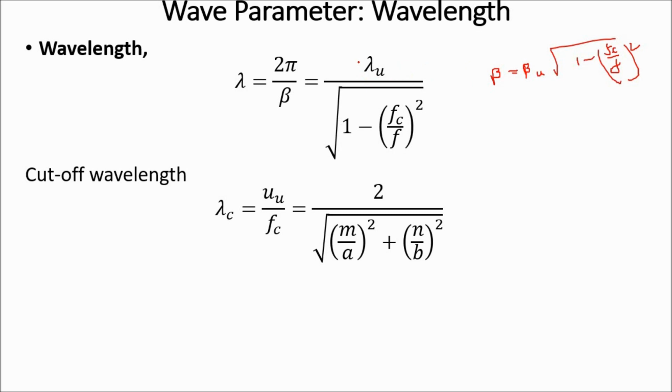So 2 pi over beta u can be written as lambda u, that is the wavelength in unbounded medium, divided by the square root of 1 minus (fc over f) squared.